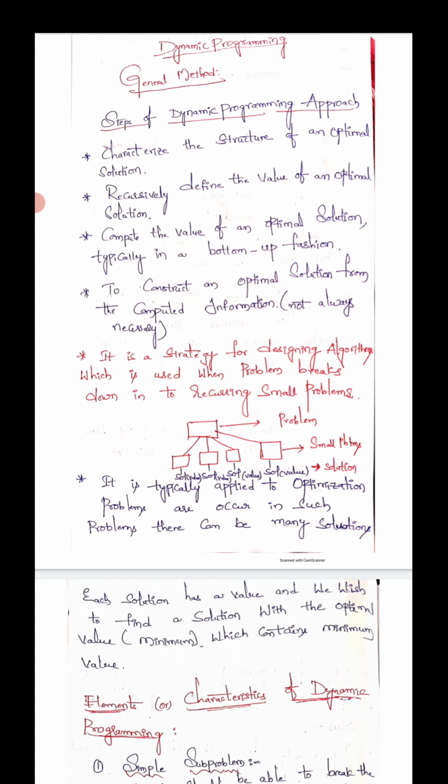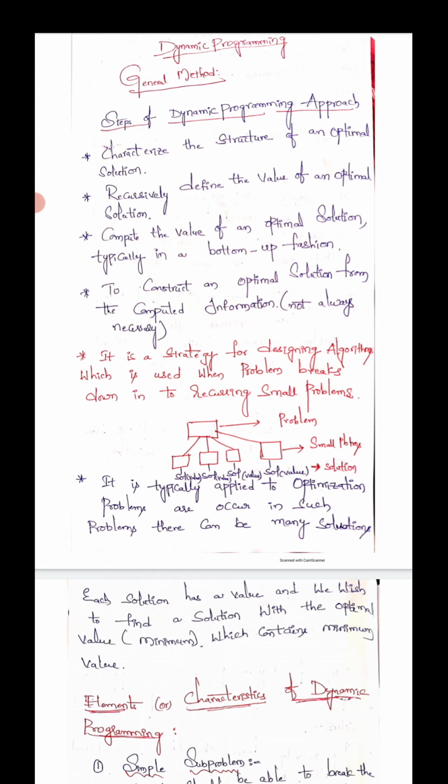The first point is to characterize the structure of an optimal solution. You must characterize the structure of an optimal solution, and then recursively define the value of an optimal solution.